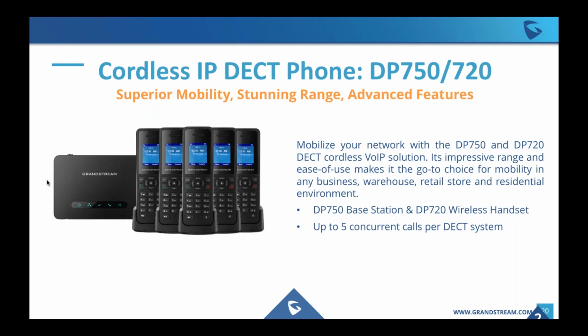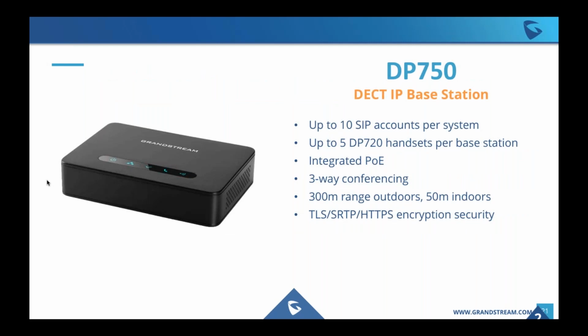For those of you familiar with it, it gives you ring group and hunt group functionality to allow these to ring in different ways or different orders depending on how you want to set that up. So the 750 is the base station, up to 10 SIP accounts, works with up to 5 of our DP720 handsets, has PoE built into it. Supports a range of up to 300 meters outdoors and 50 meters indoors.